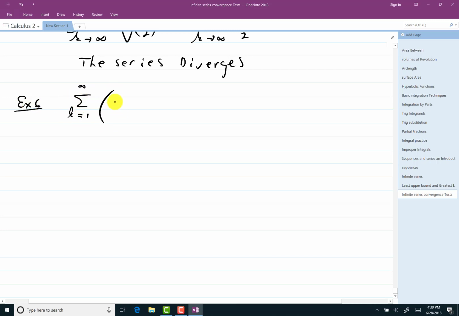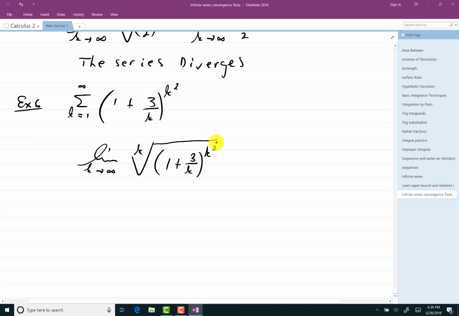In fact, anytime you see a series that has powers, you have a shot with the root test. So this one here, I'm taking to the k squared power. So then when I do the limit as k goes to infinity of the kth root of 1 plus 3 over k to the k squared, keep in mind the kth root is like 1 over k.